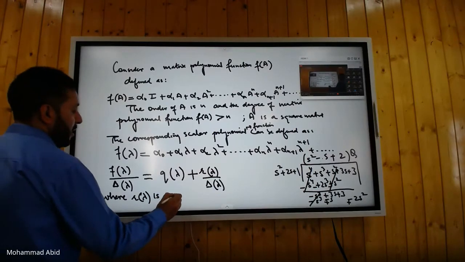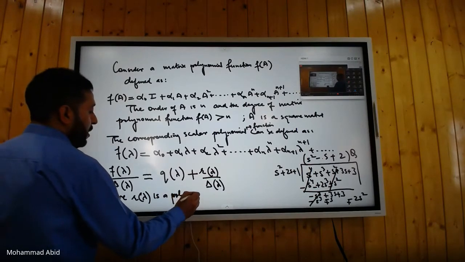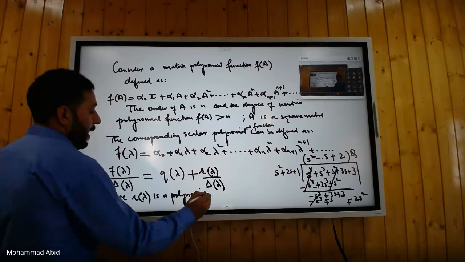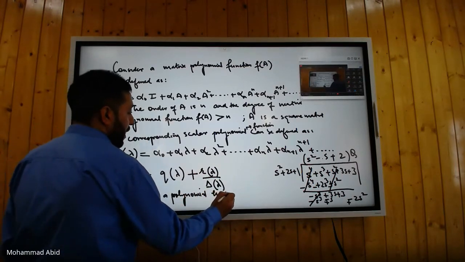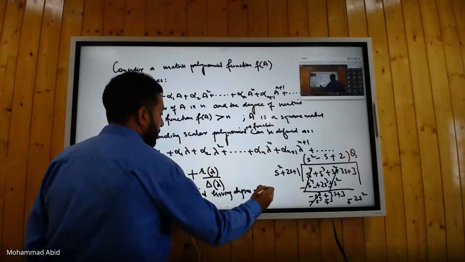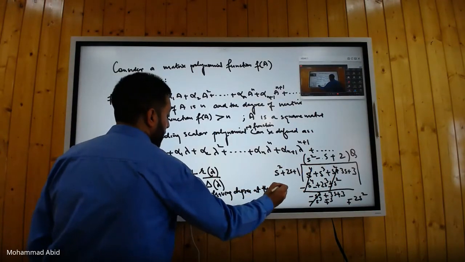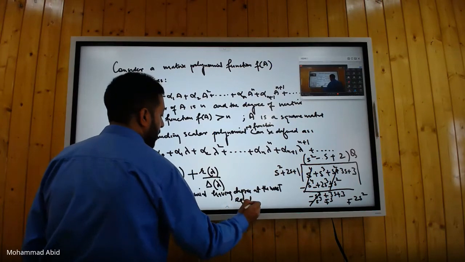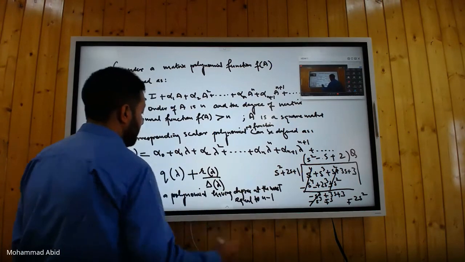At the most it will be n minus 1. But r lambda is a polynomial having degree at the most equal to n minus 1. Is that clear?